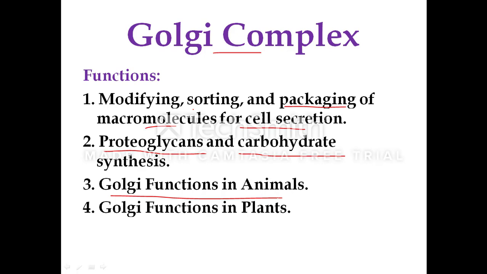For example, zymogen of the exocrine pancreatic cells and the mucus secretions by the goblet cells in the intestine. So the secretion of the particular compounds by the cells, and the secretions of certain hormones like the thyroid hormone, in case of the thyroid, thyroxine that will be produced by the thyroid gland, will be packaged by the Golgi complex.